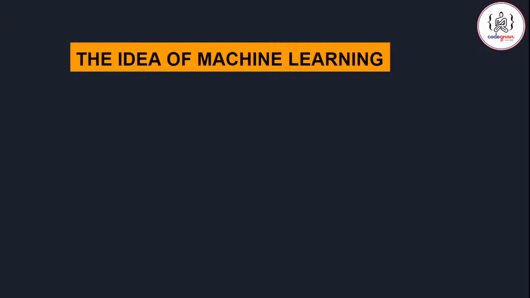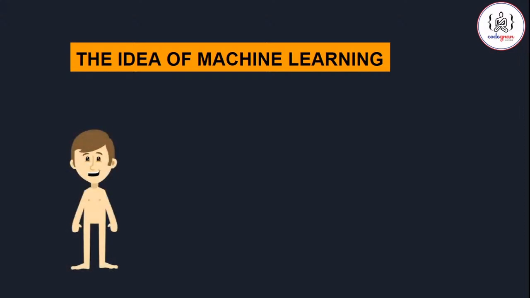All right, so let's see what is the idea of machine learning here. We are humans. When we are born, we don't know anything, right? We don't know how to speak, how to walk, how to talk. How do we learn all these things? We learn it from our parents or our elders. We try to mimic them. We try to walk like them.